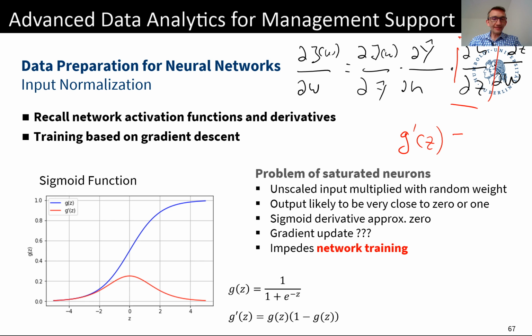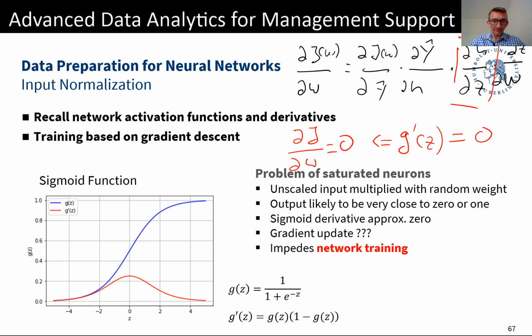If that is equal to 0, and it would be if we input some large feature values, then obviously the whole gradient of the loss with regard to the weight becomes 0. But if the gradient is 0, how do we want our neural network to learn something?